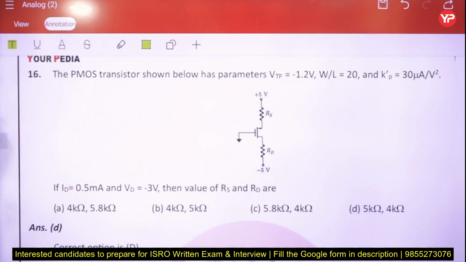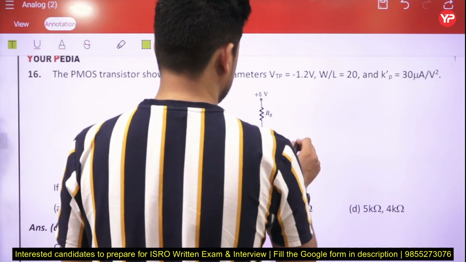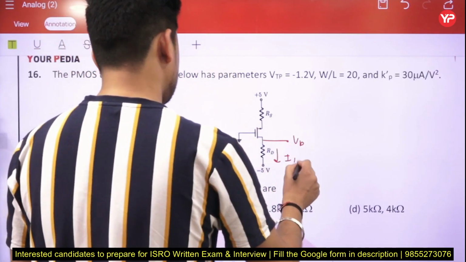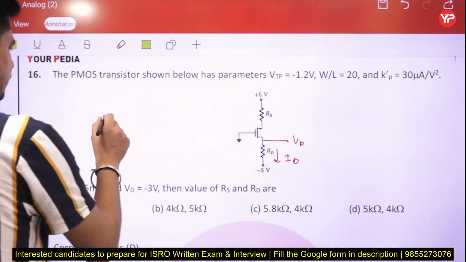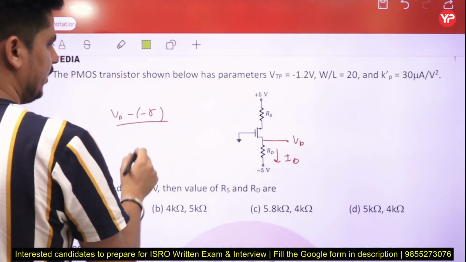Next question, the PMOS transistor shown in the figure has parameters VTP, W, Kp dash like that, right? ID and VD are given to you. VD is the drain voltage, so we can easily calculate ID, and we can easily calculate RD. RD is VD minus 5 volt divided by ID.